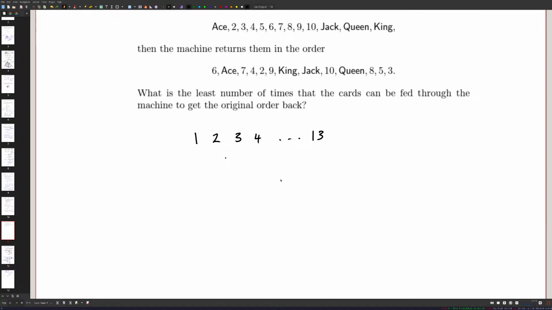And permutations can be broken down into cycles. So if we look at where the 1 goes, the 1 goes to 6. And the 6, 1, 2, 3, 4, 5, 6, goes to 9. And the 9 goes to 10. And the 10 goes to 12.